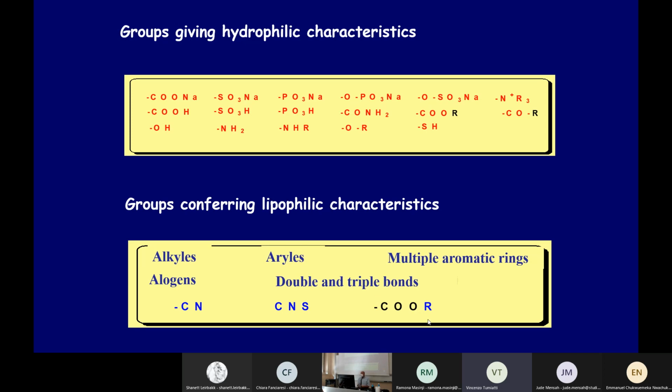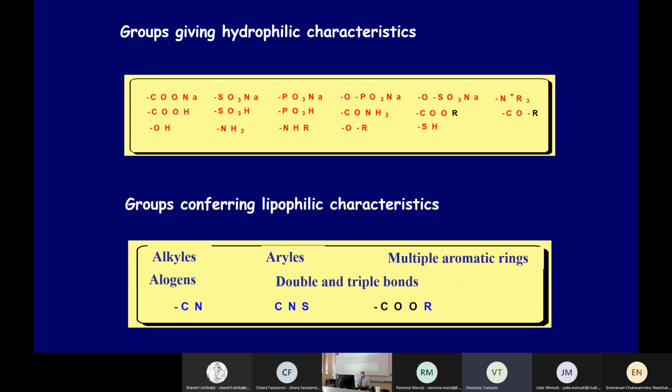Esters, but esters with long chain alcohols. Not with methyl alcohol, ethyl alcohol. No, we need a long chain alcohol to have highly lipophilic esters. Can you repeat the names of multiple aromatic rings?